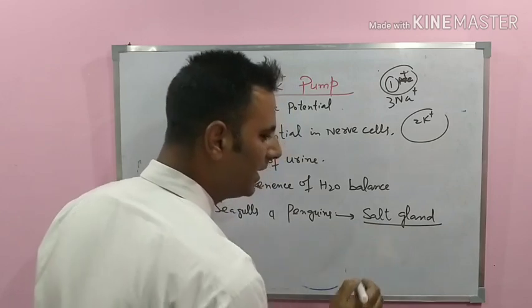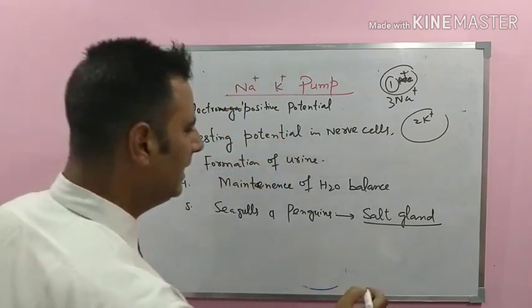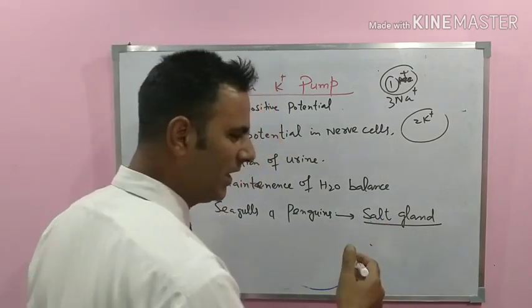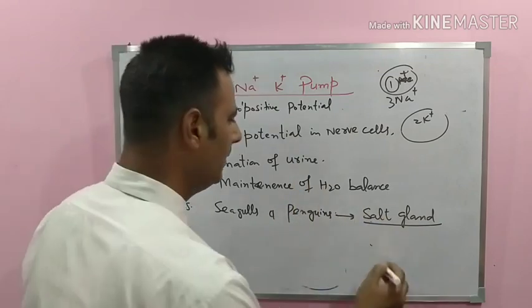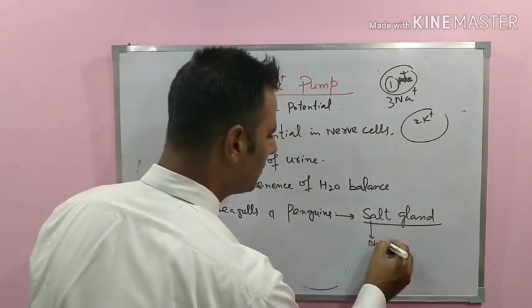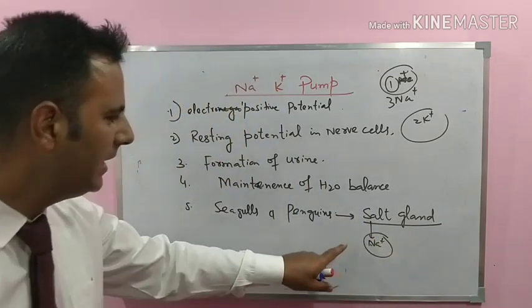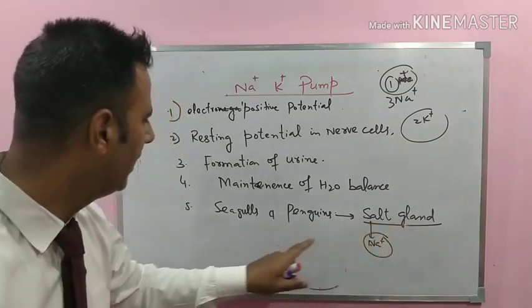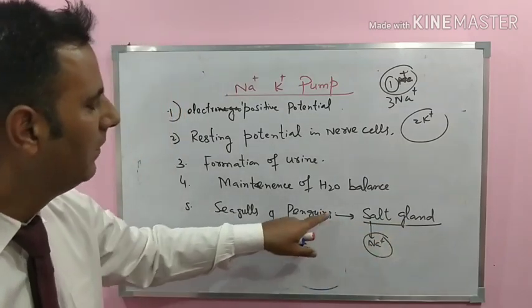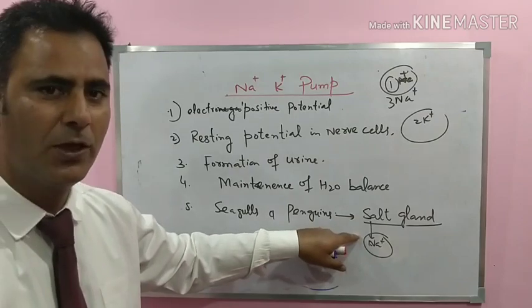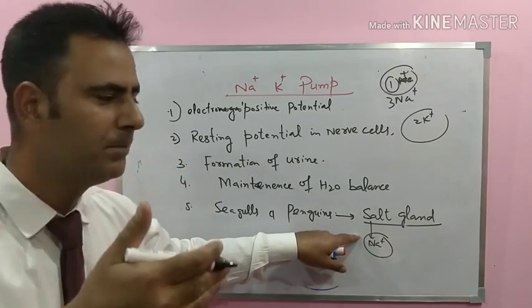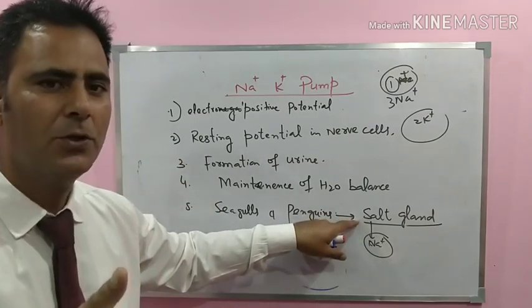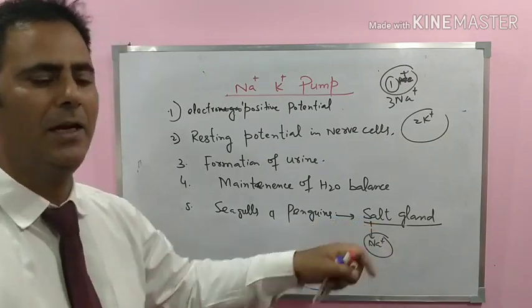They have a salt gland in their nose. In this salt gland, the sodium potassium pump is operational, meaning sodium is given out. By the presence of this salt gland, seagulls and penguins excrete the extra sodium by the sodium potassium pump through this nasal gland.